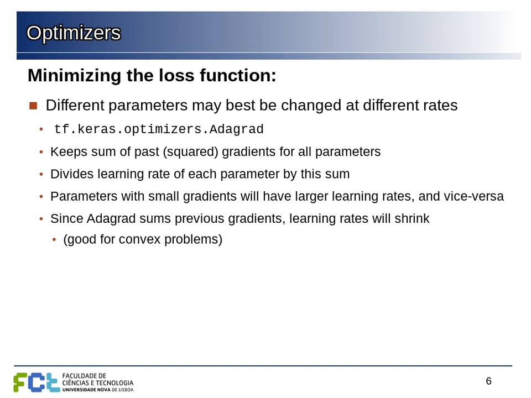Another thing is that since this divides by the sum total of the gradients so far, as training progresses, the overall velocity of training starts to go down, because the sum of these squares will increase for all the parameters. So basically what this does is it evens out the velocity with which different parameters are learning, and it slows down gradually along the training, which is good for convex problems.